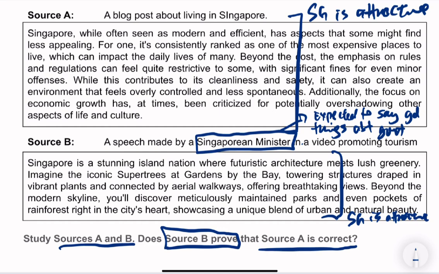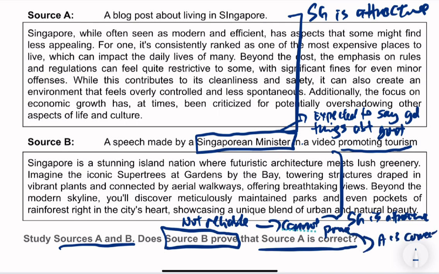And the purpose is to have more foreigners come in to tour Singapore, because of the idea of the video promoting tourism. Because of this, the source becomes less objective, and therefore it is not reliable. So based on the provenance, we can tell that B is not reliable. If B is not reliable, it cannot prove that A is correct.